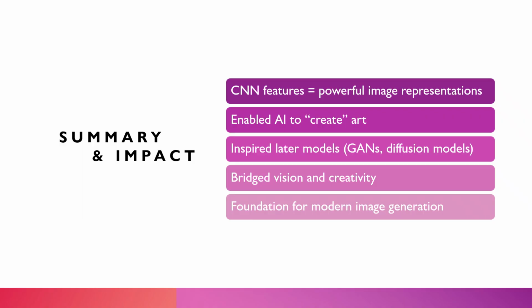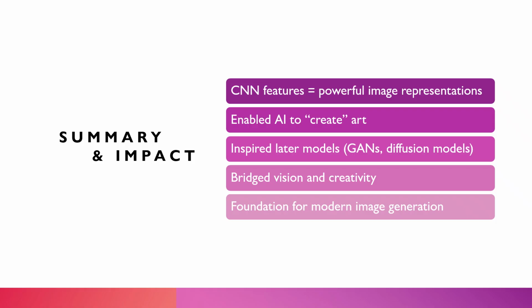To summarize, this research paper introduced a completely new idea of separating content and style using CNN feature maps. It also shows that CNN features are powerful. They can represent the content of the image as well as the style of the image. And it also shows that CNNs can be creative, not just predictive.